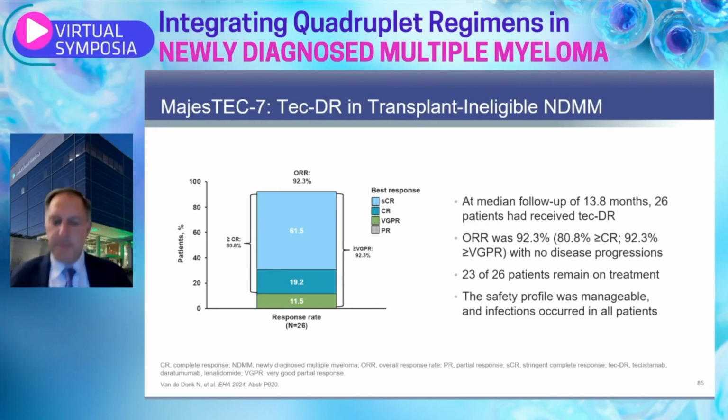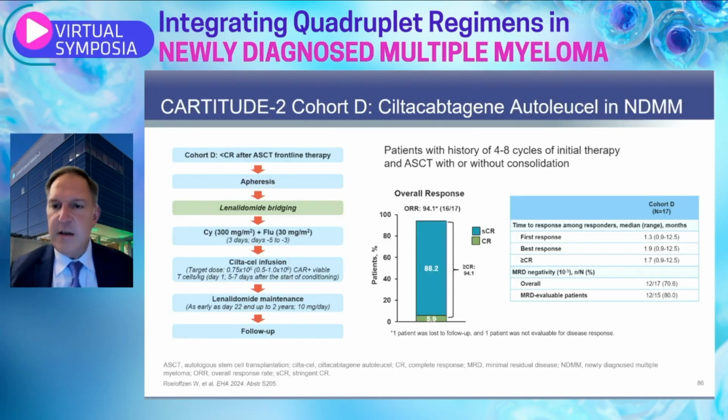And as we all know, those responses will probably deepen with longer follow-up, so they're off to a very good start. So CARTITUDE-2 is a platform study that's looking at the use of the BCMA-directed CAR T-cell product, cilta-cel, in a variety of different clinical scenarios. So Cohort D was a group of patients that had been through initial induction therapy followed by transplant and had not achieved at least a complete response after the dust settled from their transplant.